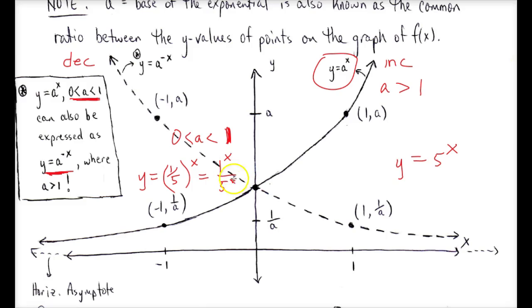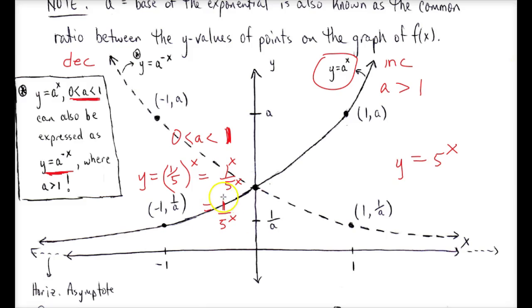Let me just do it over. So (1/5) to the x, and that's x, and that's x there. So 1 raised to anything is always 1. And of course, we just have 5 raised to the x.